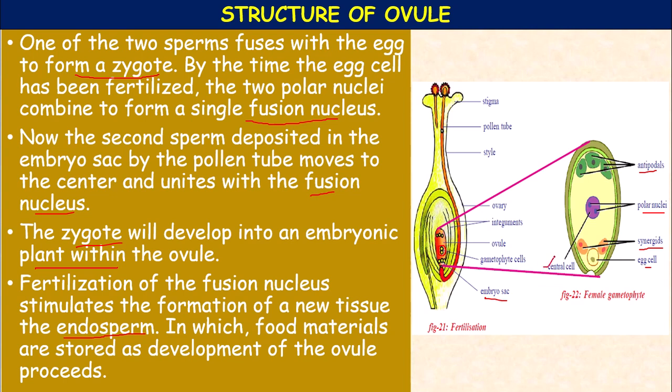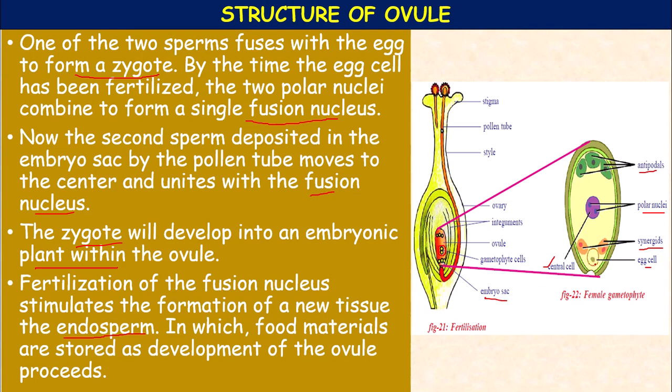So during fertilization, the pollen tube from the stigma extends up to the micropyle region of the ovule, the opening of the ovule. See here, the egg cell.